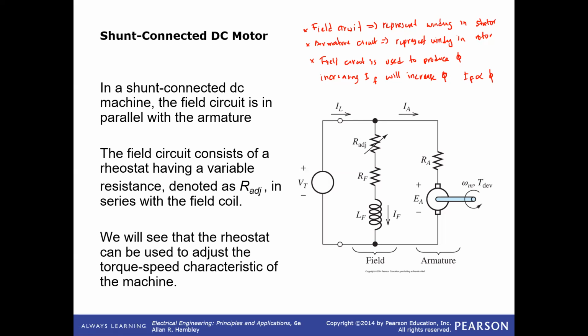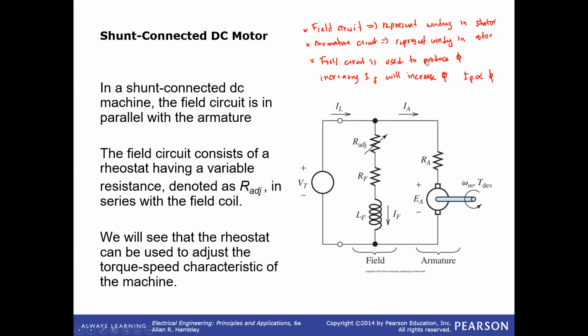As mentioned in this slide, I just want to highlight that the field circuit, which is here, represents the winding at the stator, while the armature circuit represents the winding at the rotor part. And this field circuit is actually not a main circuit.